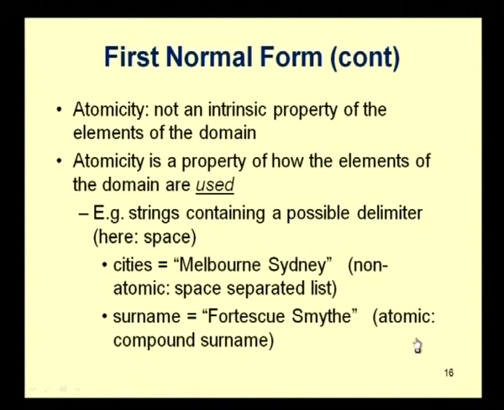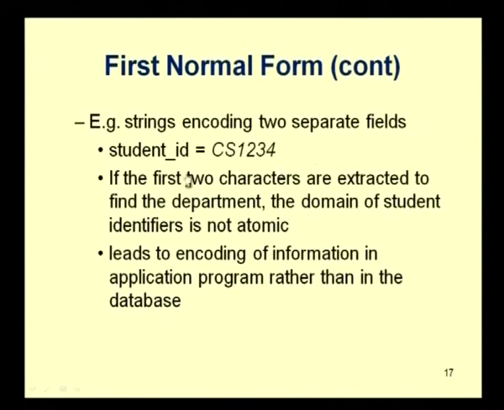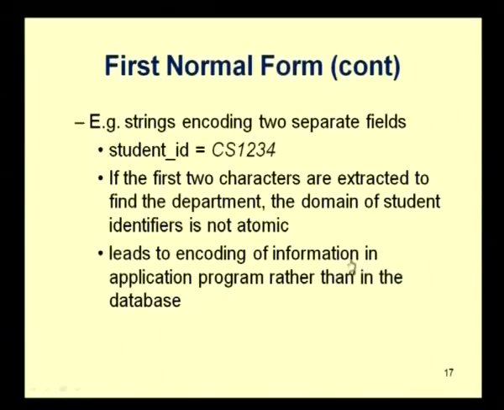So it is not decided by the blank space. Strings encoding two separate fields we have already discussed. Student ID equal to CS1234 comes together without a blank, but if the first two characters are extracted to find the department, then it is not atomic.